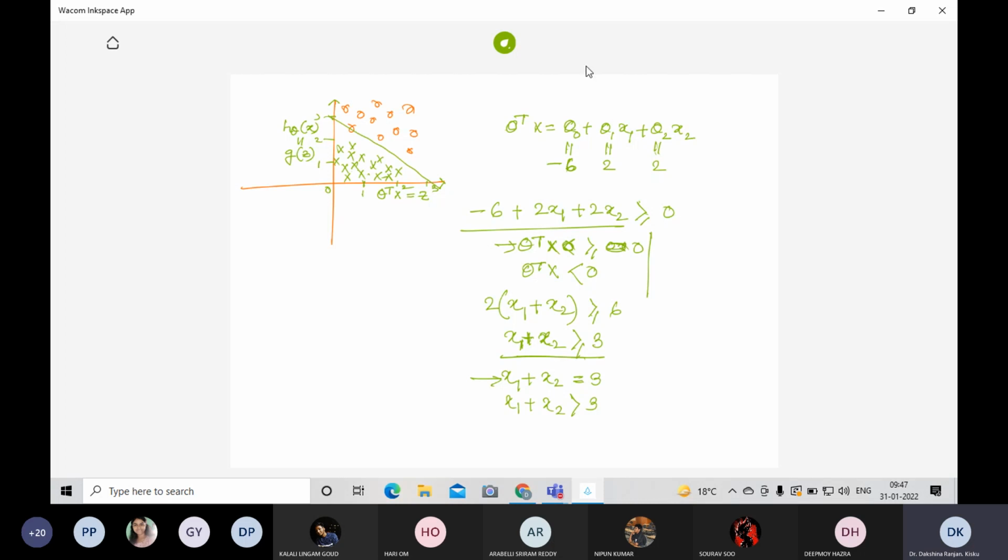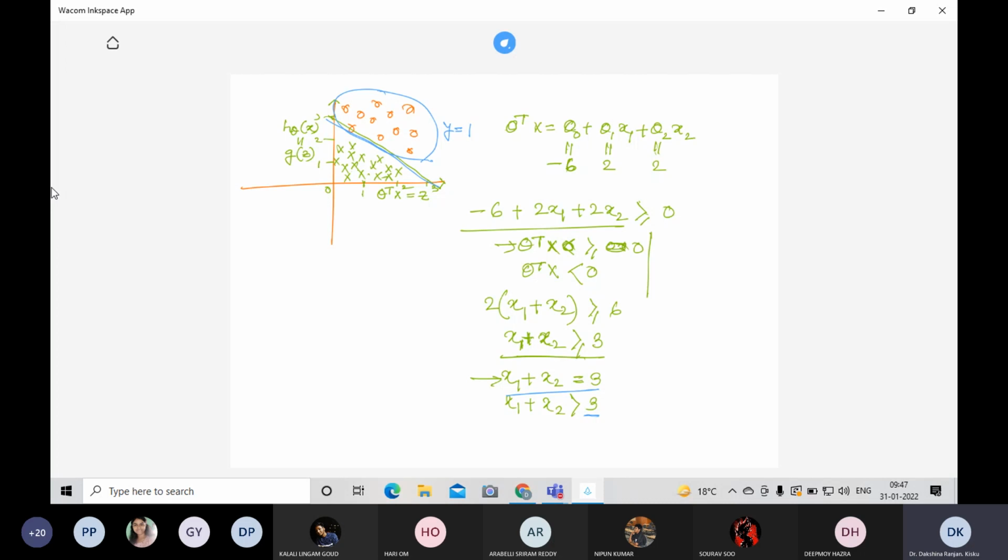So we can have a decision boundary over here. When x1 plus x2 is greater than 3, those points which lie in this region will have the class label 1.